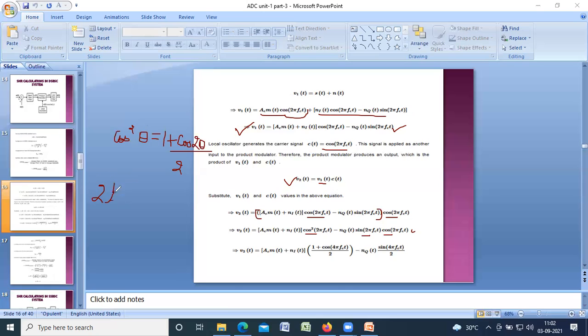Or 2 sin theta cos theta? I am writing here. What is the formula of this? That is equal to sin 2 theta. Now what do you have here? There is no 2 in this, so the 2 will be divided here. Am I right?